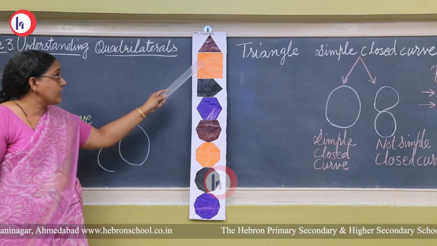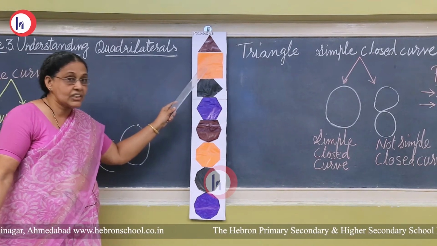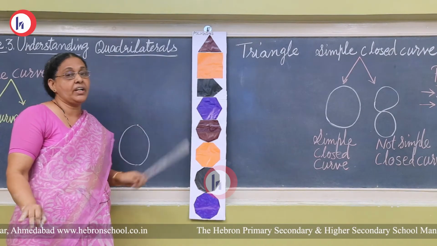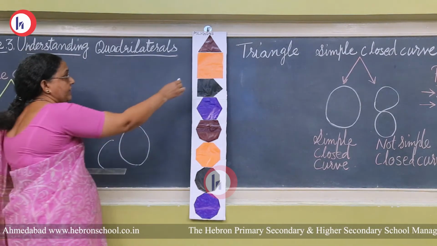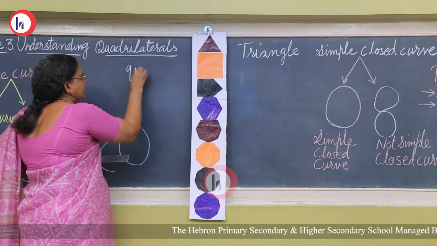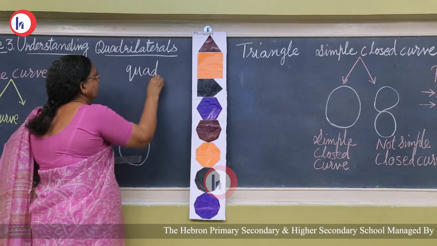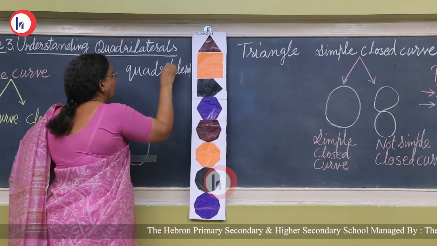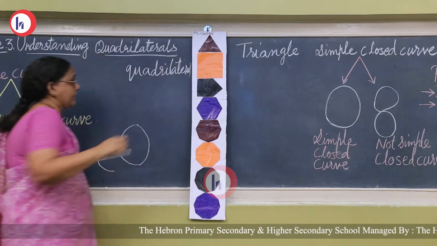You must be thinking that it is a square. Even square and rectangle come under the polygon known as a quadrilateral. A 4-sided polygon is known as a quadrilateral.